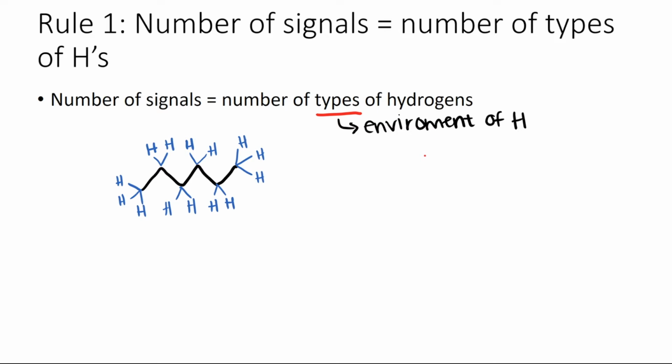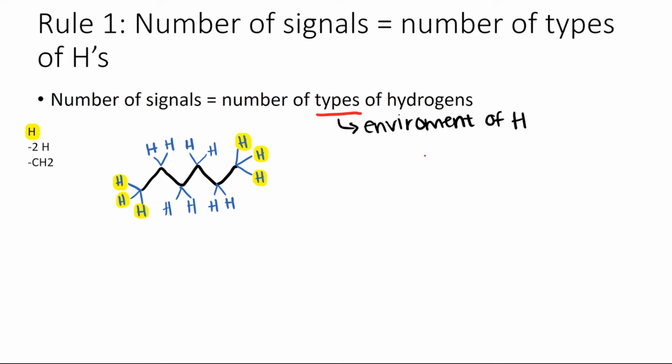So when looking at the H environment, we're actually looking at the atom it's bonded to and what that atom is bonded to. For example, looking at hexane, if you take a look at the hydrogens I highlighted in yellow here, they are all bonded to a carbon that is bonded to 2 other hydrogens and a CH2. So I'm looking for what that carbon is bonded to determine the environment of the hydrogen in yellow.